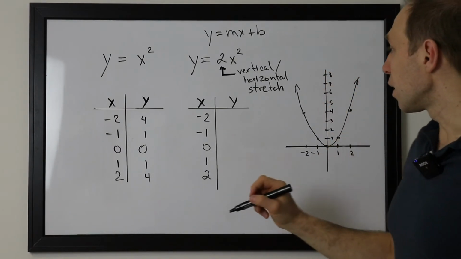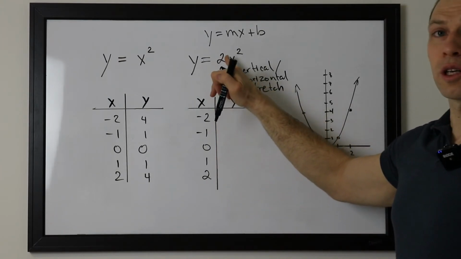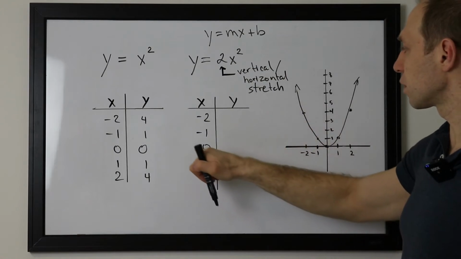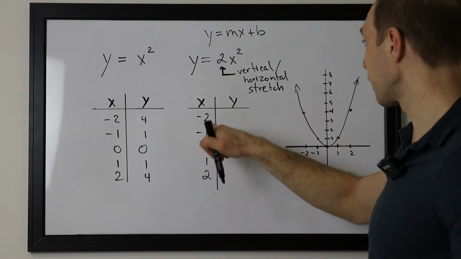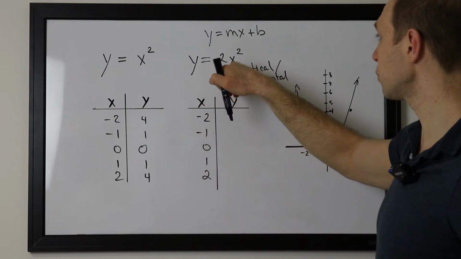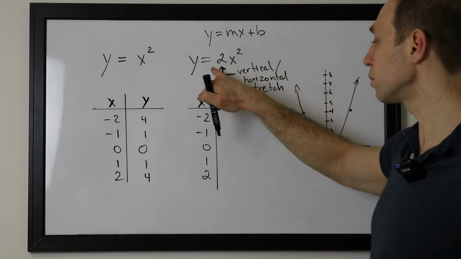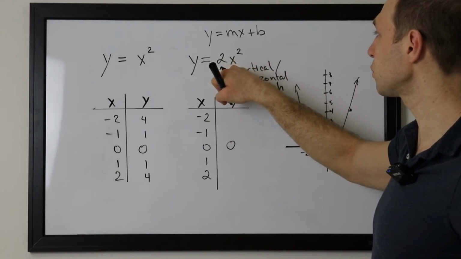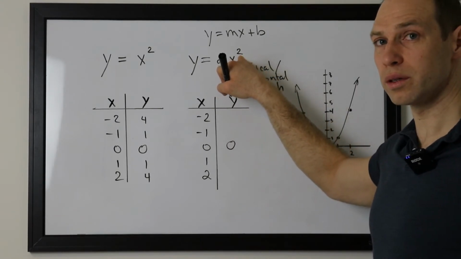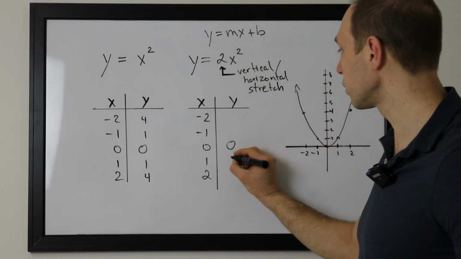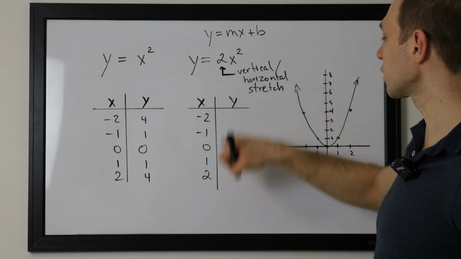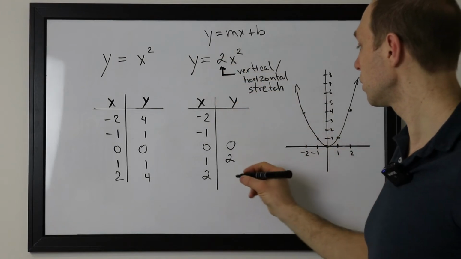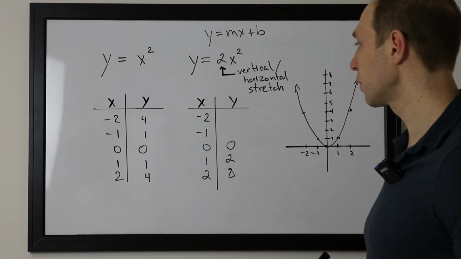Now, if you introduce a number in front of x squared, here's how it affects the entire equation. Let's do our positive numbers first. When x is 0, 0 squared is 0, times 2, you still have 0. When x is 1, 1 times 1 is 1, times 2, you get 2. When x is 2, 2 squared is 4, 4 times 2, you get 8.